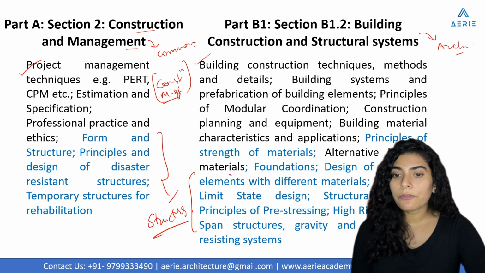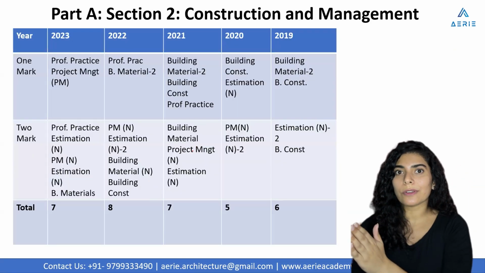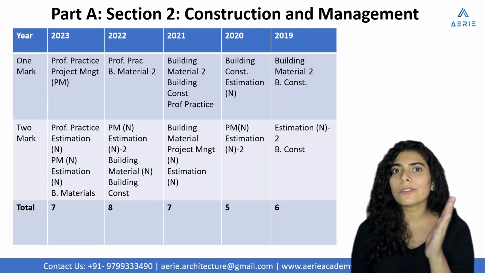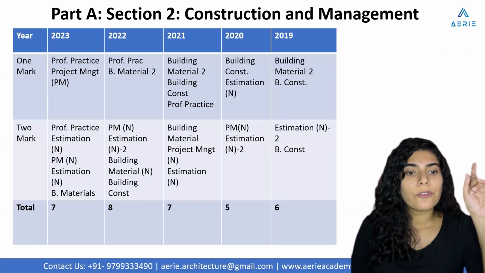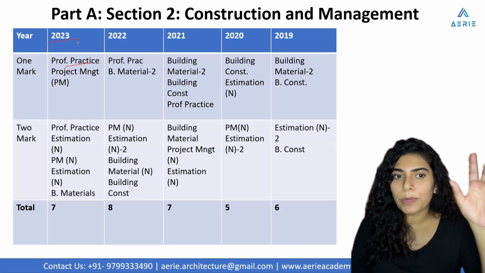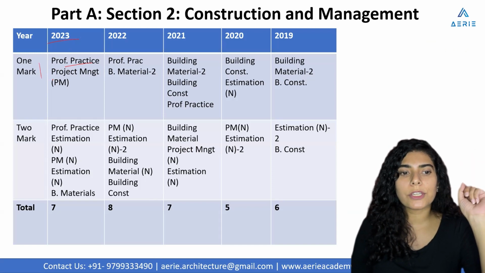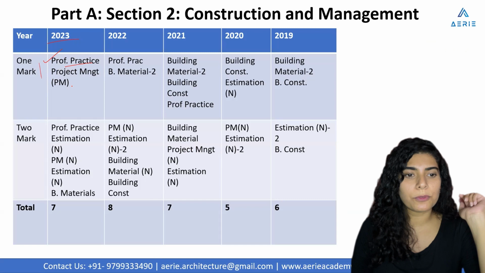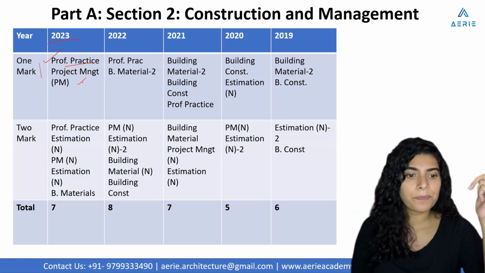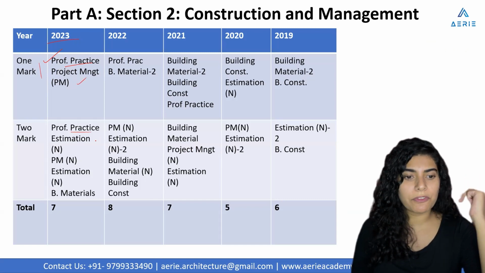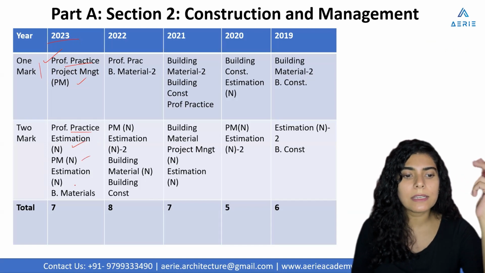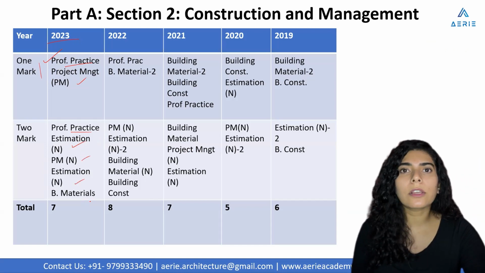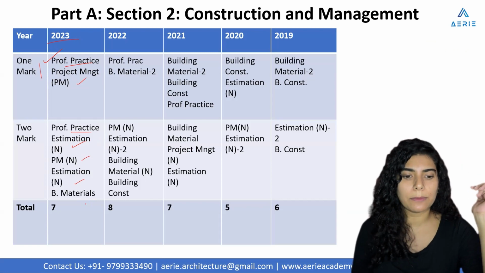If we see the distribution of the last 5 years' question papers, in 2023 a 1 mark question came from professional practice and project management. Then in 2 marks, professional practice, numerical on estimation, project management numerical, estimation numerical, and theory on building material.